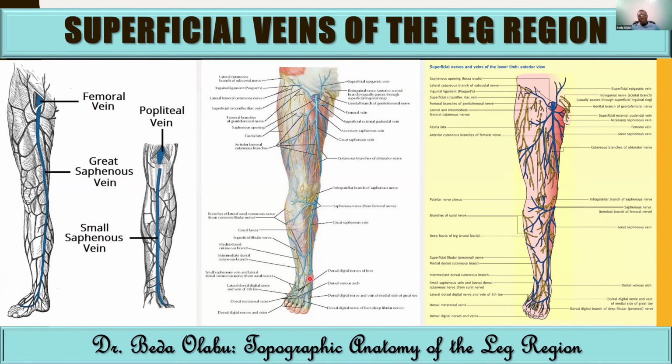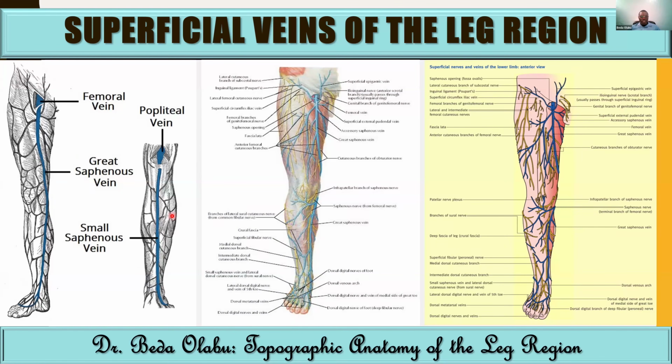Then it will pass on the posterior medial aspect of the knee and go upwards. Some of its key landmarks would be the medial malleolus around the ankle region, as well as the posterior medial side of the knee joint.